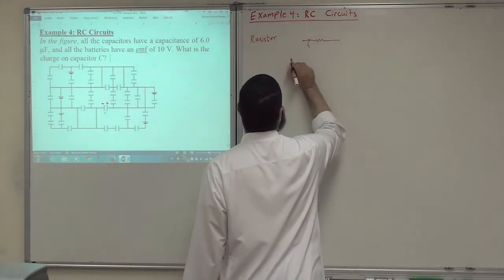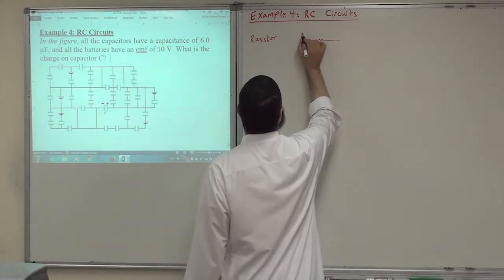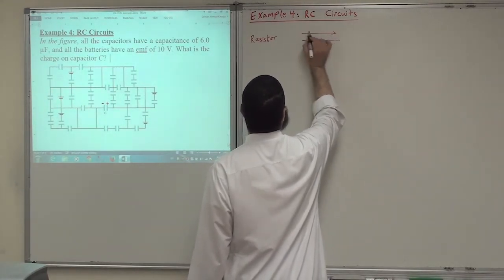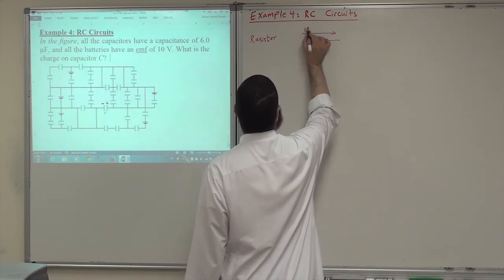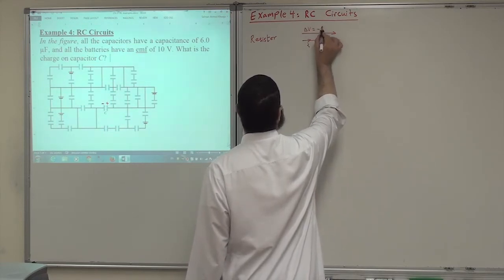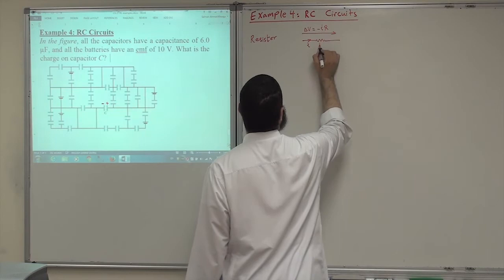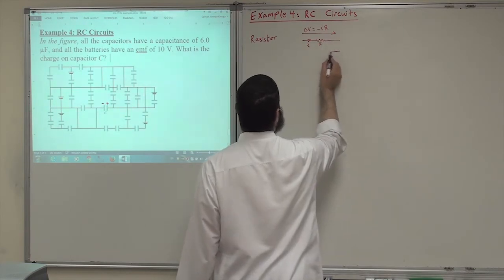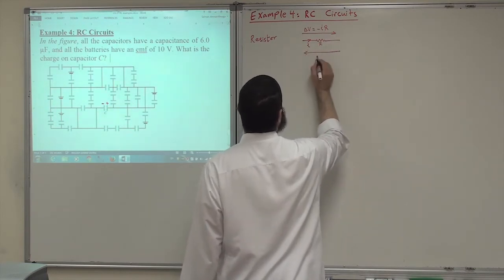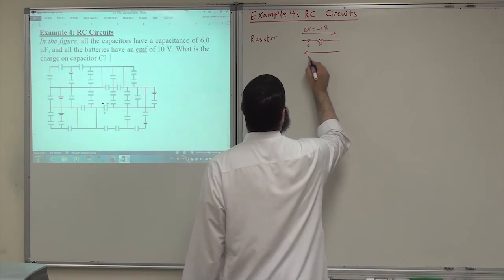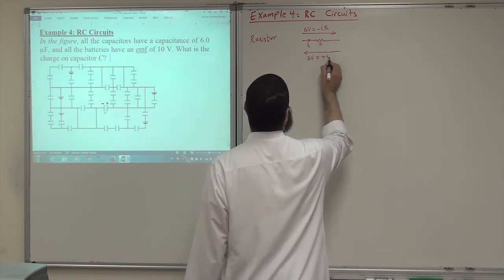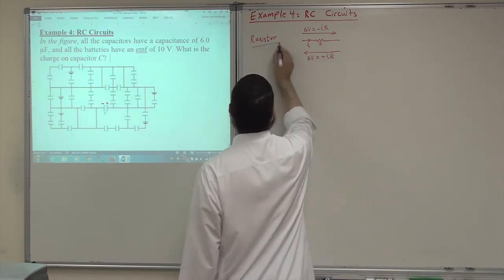If the current is going this way and you move this way, you will experience delta V equals minus IR. But if you move opposite to the direction of the current, you will have delta V equals plus IR. This is the resistor rule.